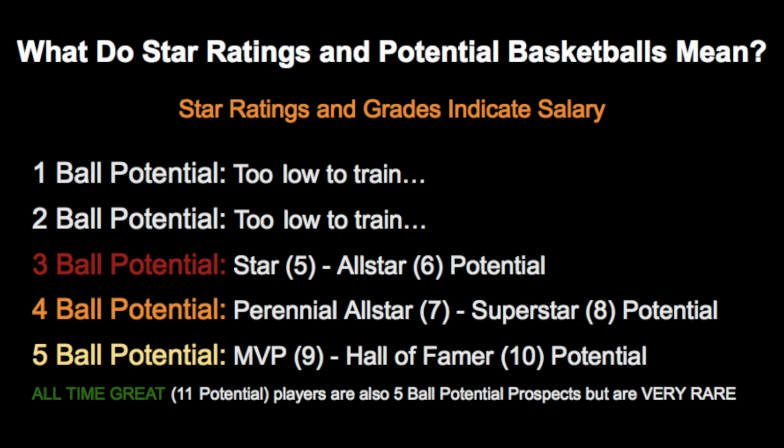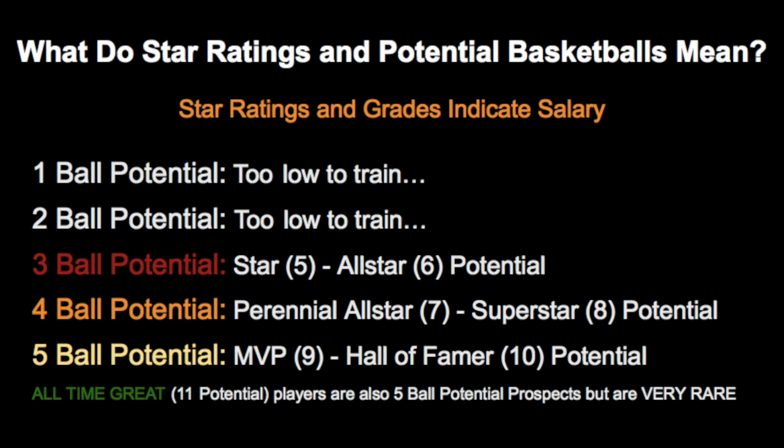So 4-ball potential prospects can have 7 or 8 potential, so perennial all-star to superstar. And then 5-ball potential prospects are the main thing that you are searching for and the main goal as to what you're trying to draft.